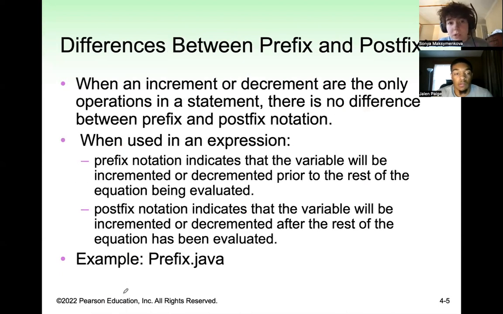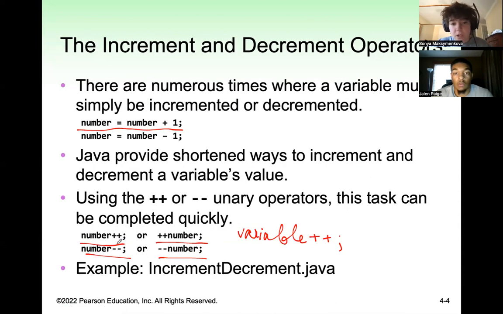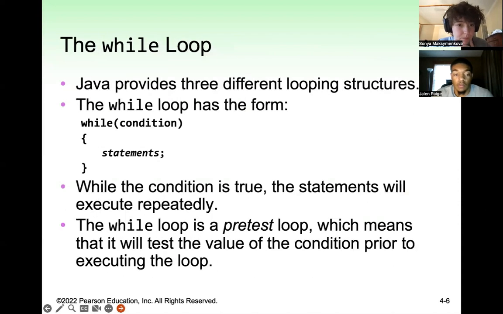Now, there is no difference in using either the prefix or postfix notation. This is the prefix, this is the postfix notation. The only difference is how it looks. They are performing the same action, no matter if the plus is in the front or in the back of the variable.